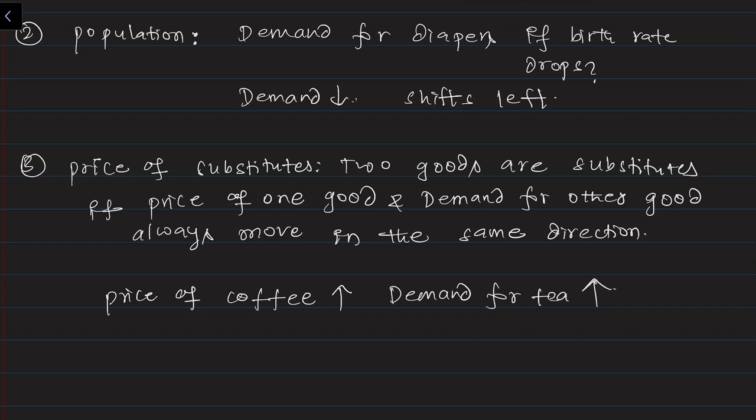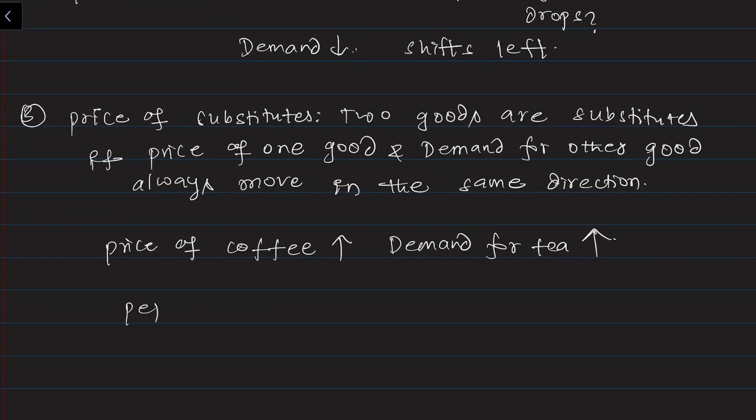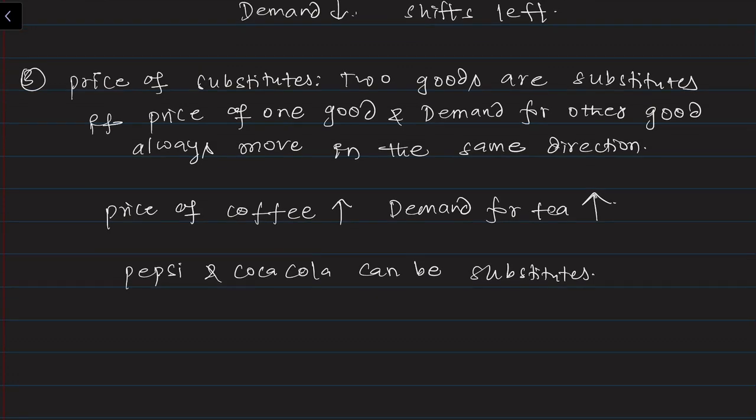Similarly, Pepsi and Coca-Cola can be substitutes. Whenever there is an increase in the price of Pepsi, there will be an increase in the demand for Coca-Cola. So in the first example, demand for tea increases, which means the demand curve will shift to the right.